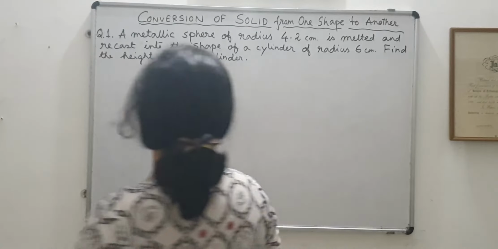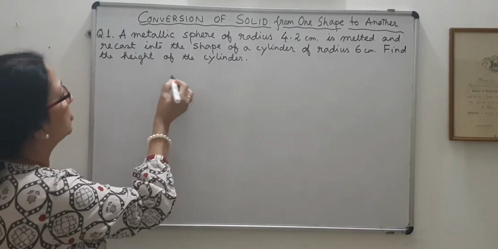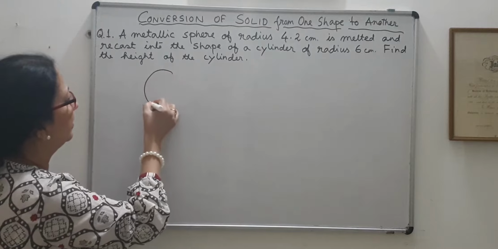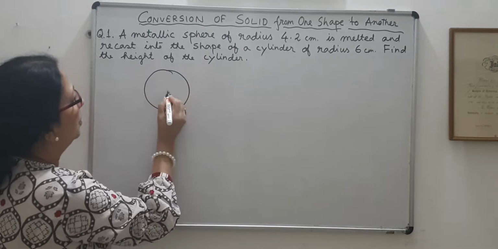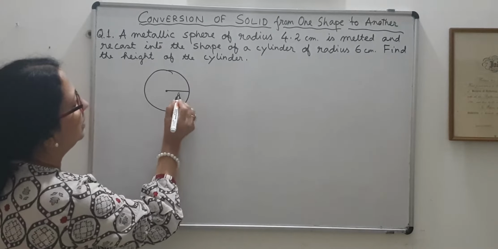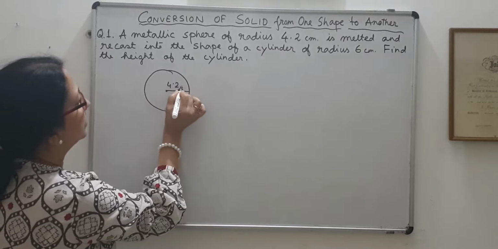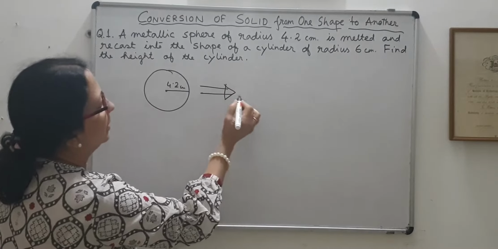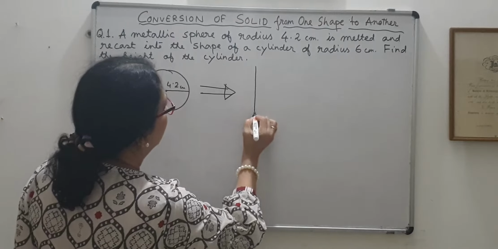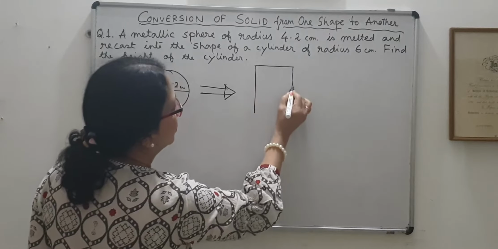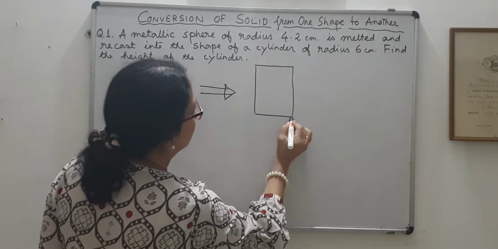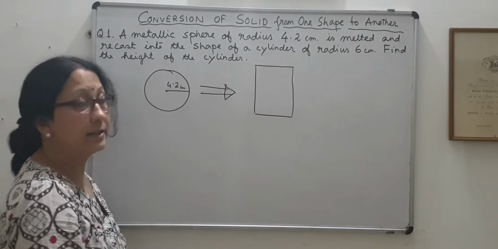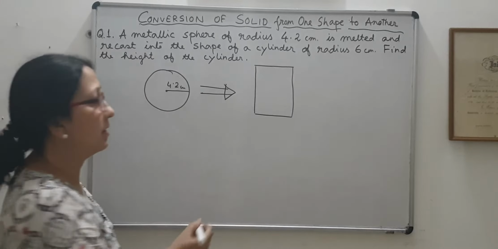So what's the situation? We have a metallic solid sphere. This is the sphere whose radius is given to be 4.2 centimeter. Now this is converted into a cylinder. I'm drawing the cross-sectional views. The cross-section of a cylinder is a rectangle and the cross-section of a sphere is a circle.